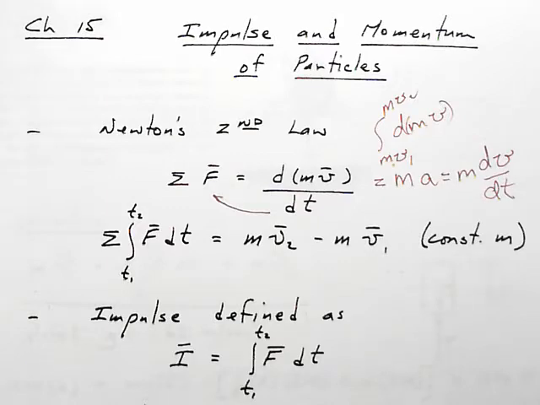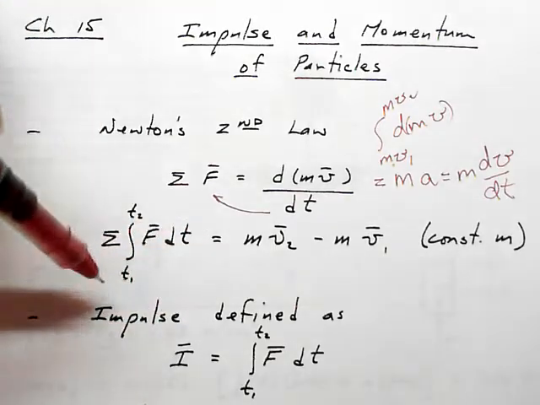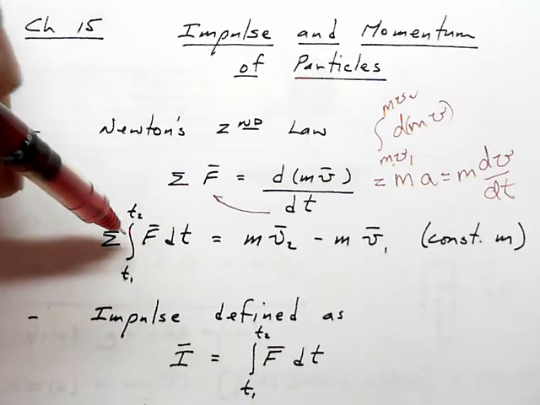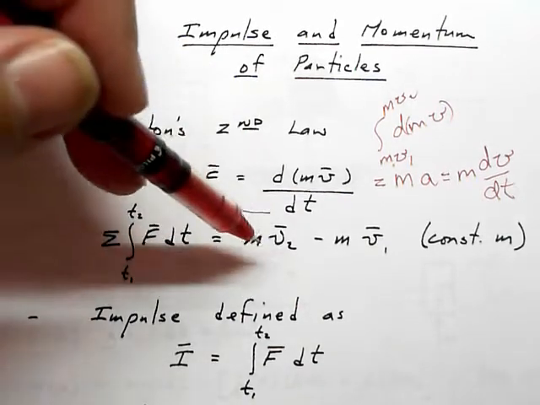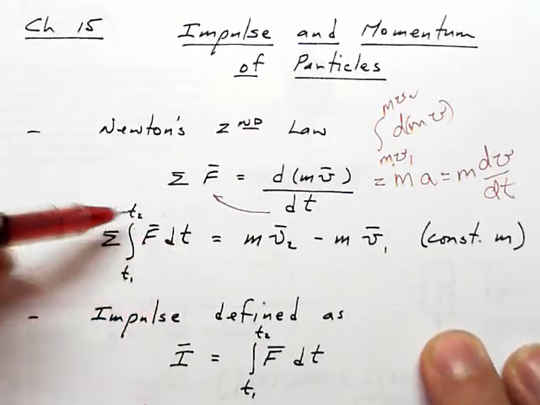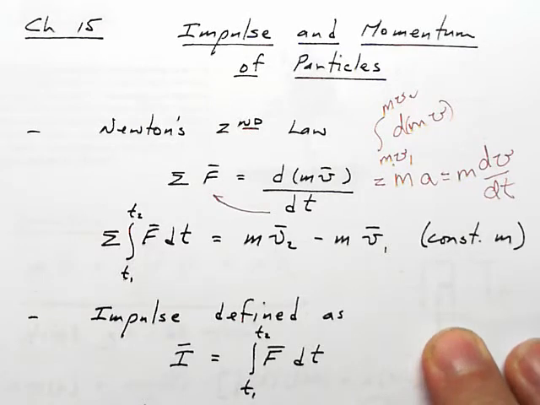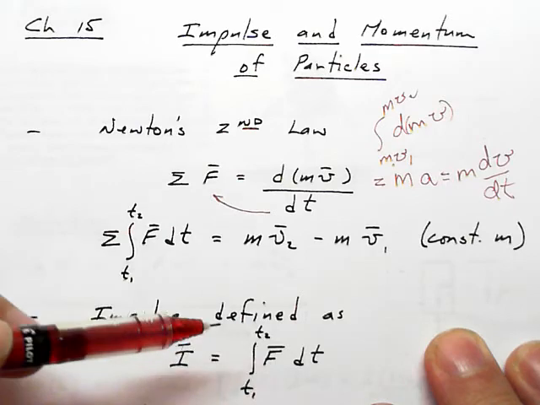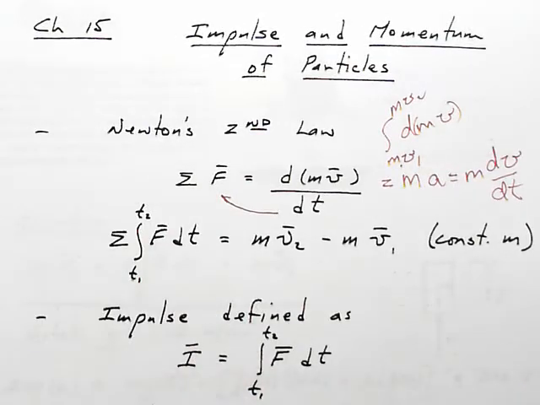So what we have from the left hand side integral over time is an integral of forces over time. This would be the area under the force time curve, and this would be a change in mv of the system. We will define this integral, which is the area under the force time curve, as an impulse. So the impulse is the integral of force dt over the time range.